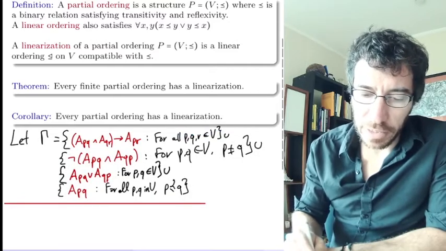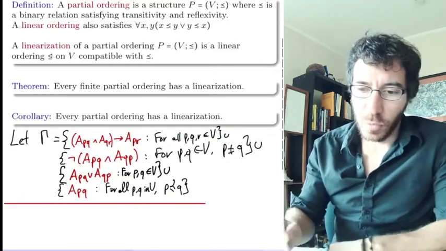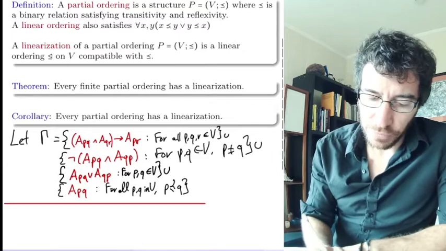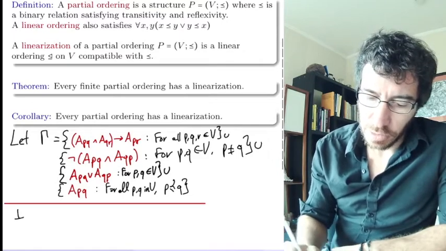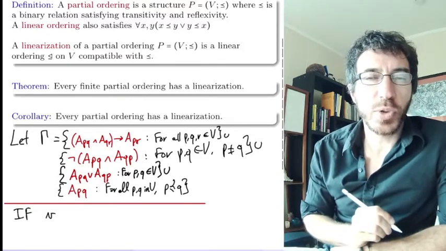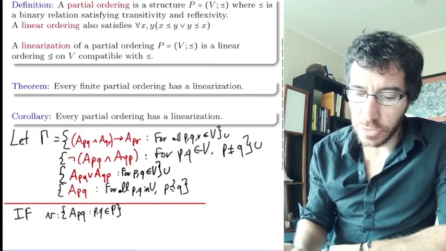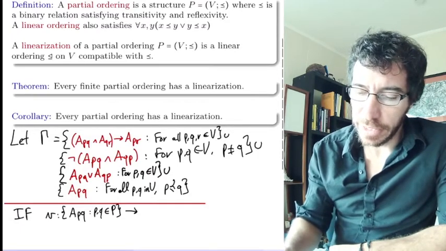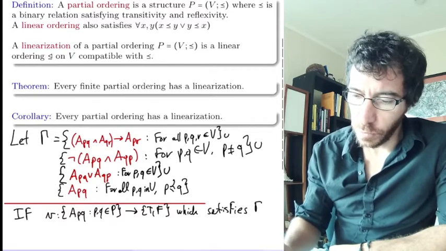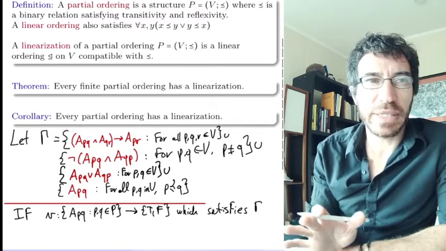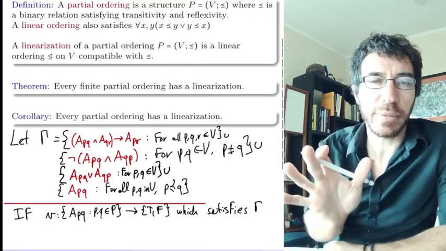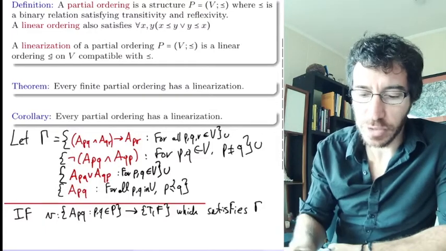Okay, so what we have now is a set of sentences which satisfies the following. If V is a truth assignment that assigns to each variable symbol a T or an F, which satisfies gamma, so it's a truth assignment that makes true all the sentences in gamma. So suppose that's what we have.